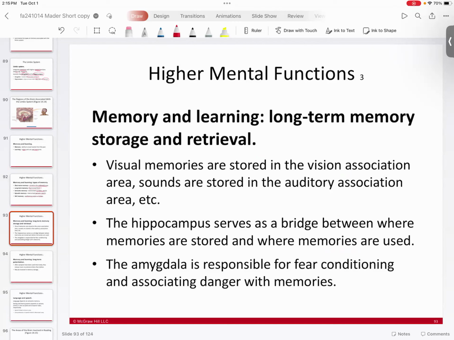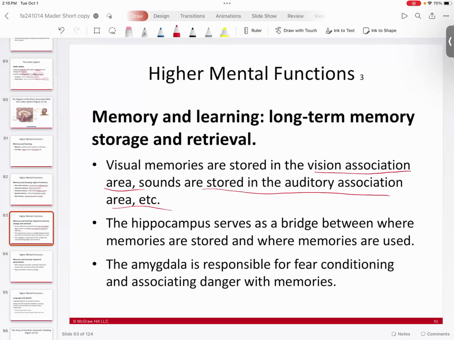So visual memories are typically stored in your visual association area that's in the occipital region of your brain. Sounds are generally stored in your auditory association area in your brain. The hippocampus is like a bridge point between the memories that are stored and where they're used, right?